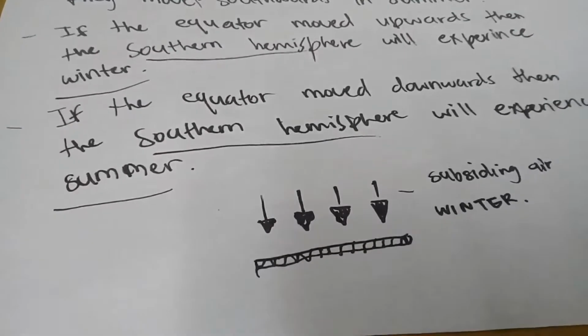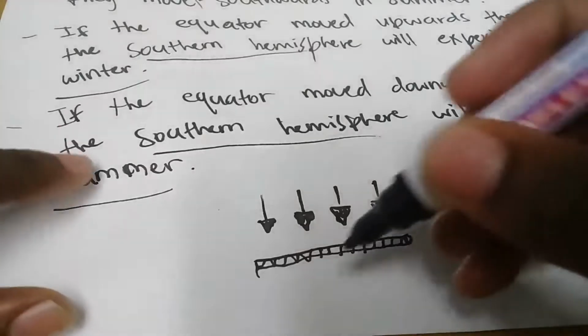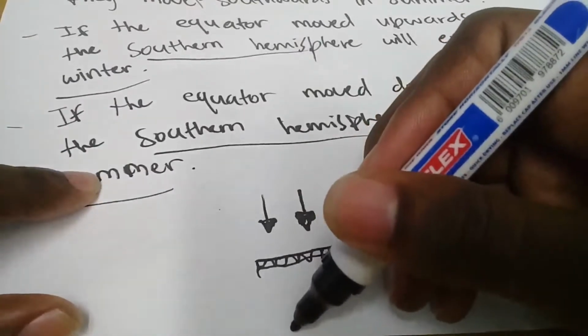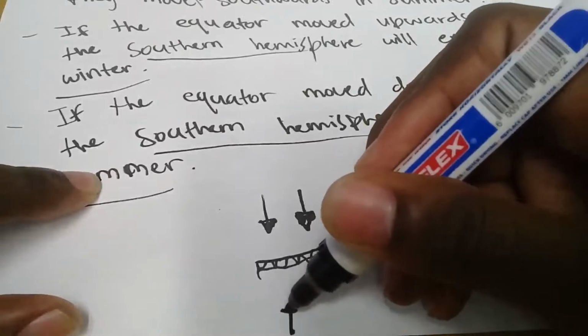And in summer, there will be low pressure because the anticyclone had moved downwards. Also, the equator will move downwards, causing a low pressure in South Africa. And therefore, if there's low pressure in South Africa, there will be more rising air than subsiding air.